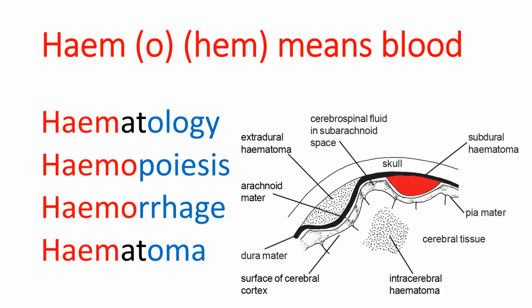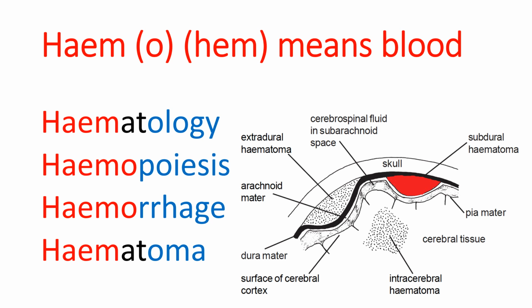Now, if blood leaks out of a blood vessel or leaks out of the heart and it can't escape to the outside of the body, it can't be external hemorrhage, then it's going to collect in the body tissues and we're going to get a pool of blood within the body tissues. That is a hematoma. So oma, again from the Greek, it means a lump, a swelling or a tumour.